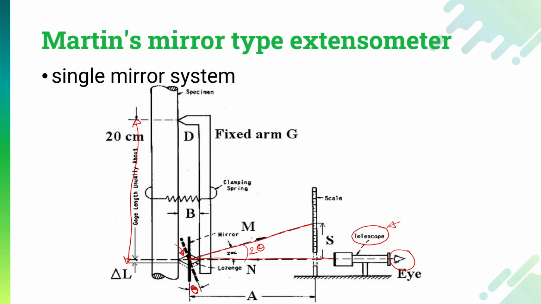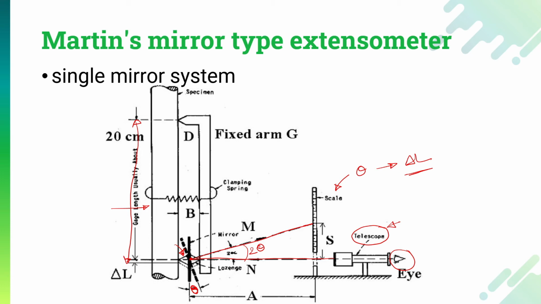So normally the scales are calibrated in such a way that they directly show the value of theta instead of 2 theta. So whenever we see this particular scale, we will be able to measure how much change has occurred in this test specimen, because this theta will be calibrated in terms of the change in length. This is how the Martin's mirror type extensometer works.